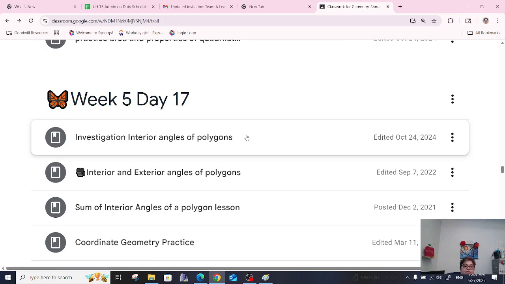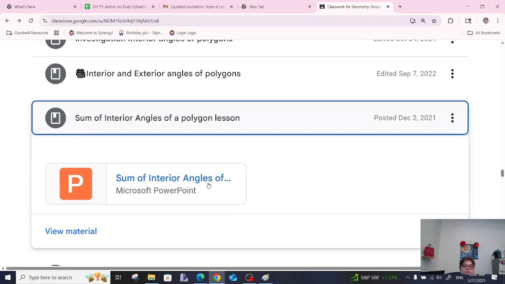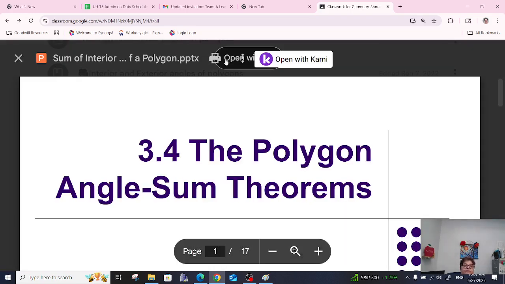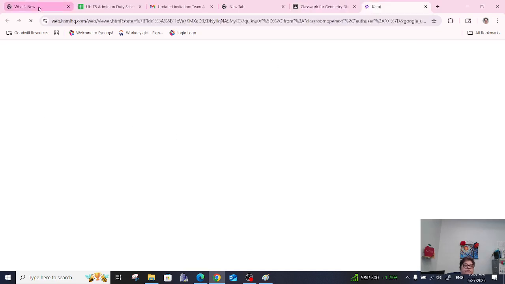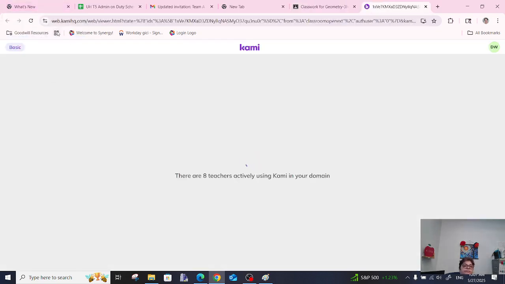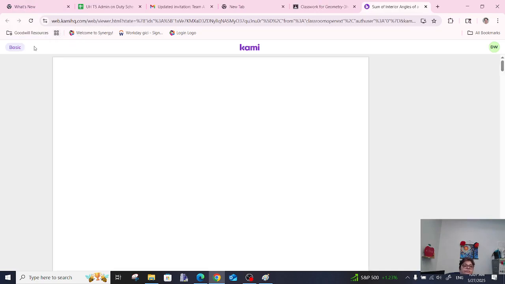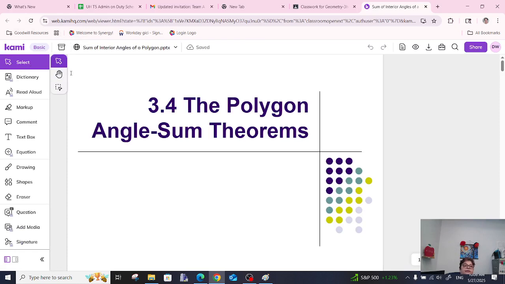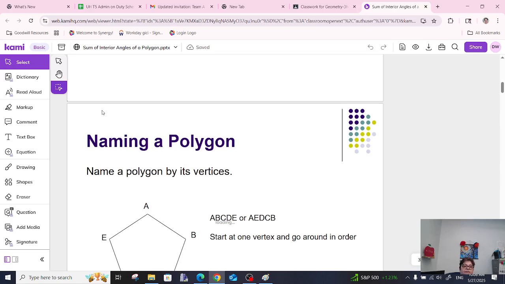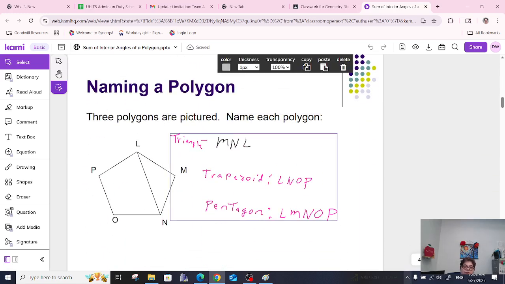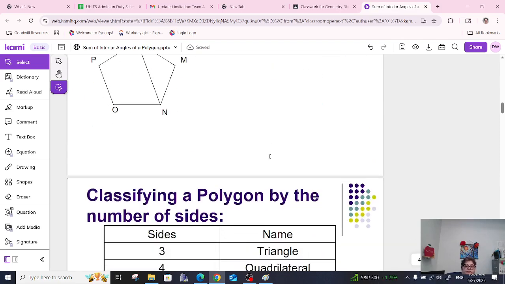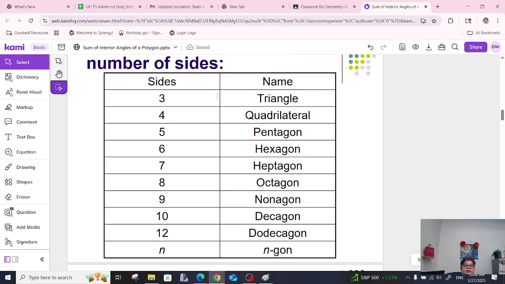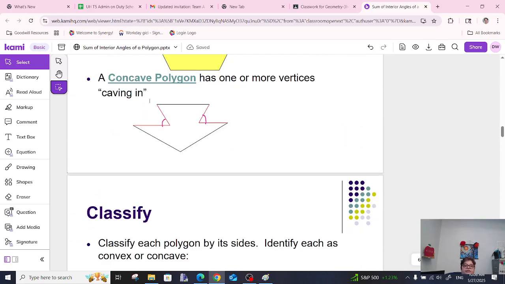Okay, so let me go ahead and take a look at this chart about the names of all the polygons while I'm erasing these.